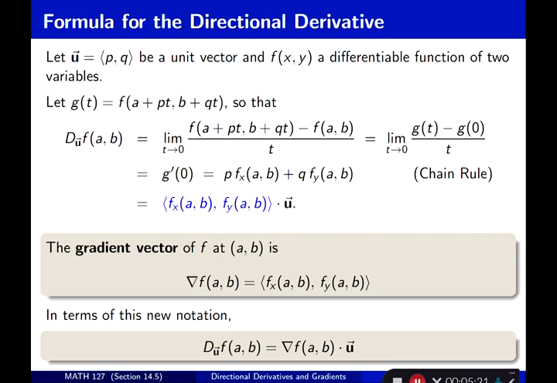So gradient of f at a and b is the vector with partial with respect to x of f at a and b, and partial with respect to y at a and b. In terms of this notation, you want to say that the directional derivative in direction u of f at a and b is the gradient of f at a and b dot u.